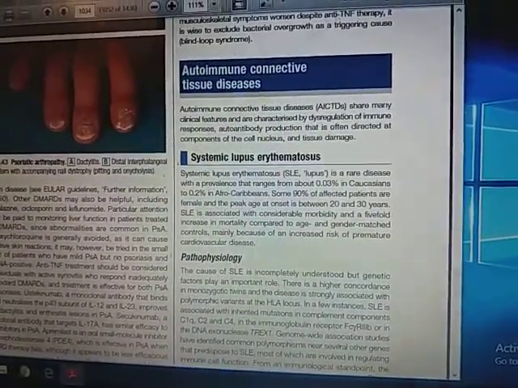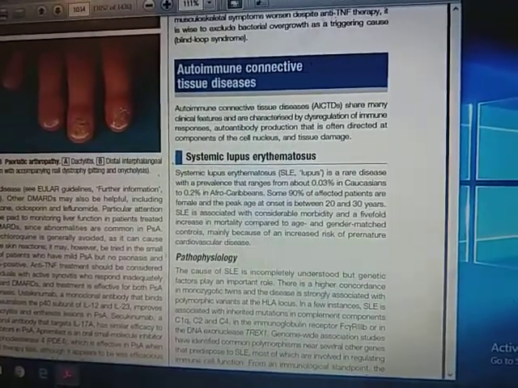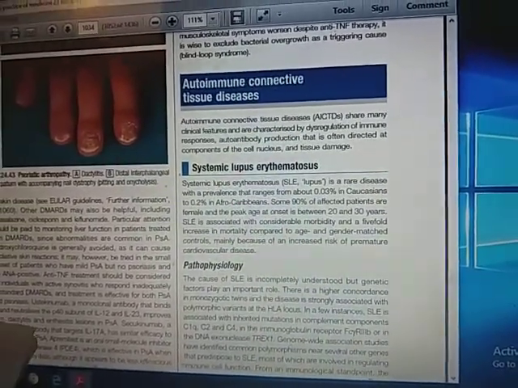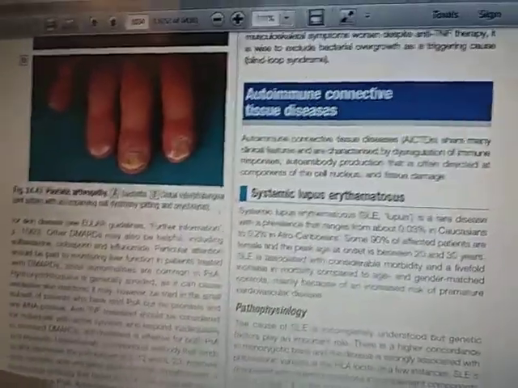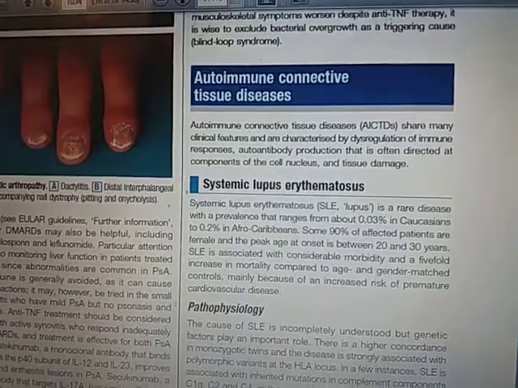Females are usually affected more than males in the ratio of 9:1. The age of onset is usually 10 to 35 years.